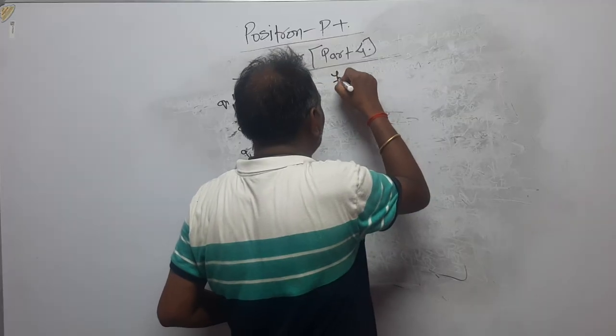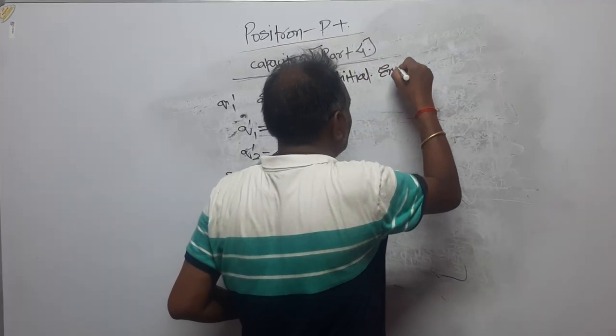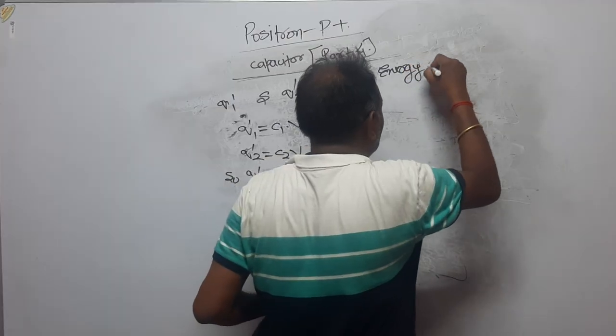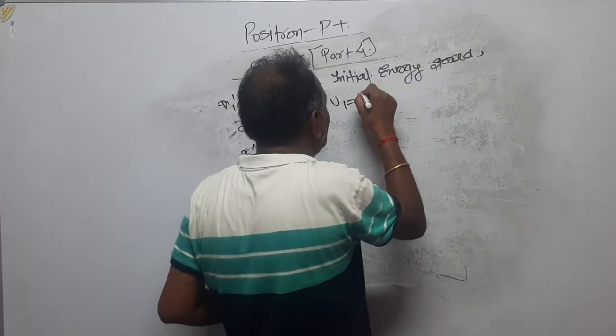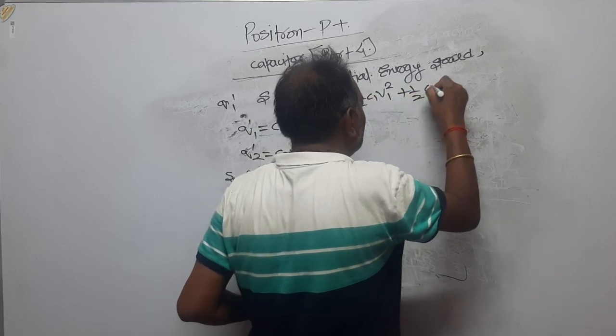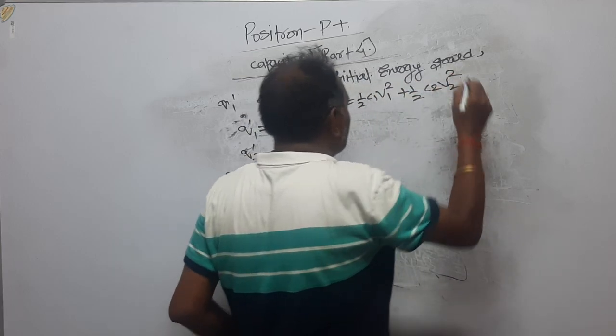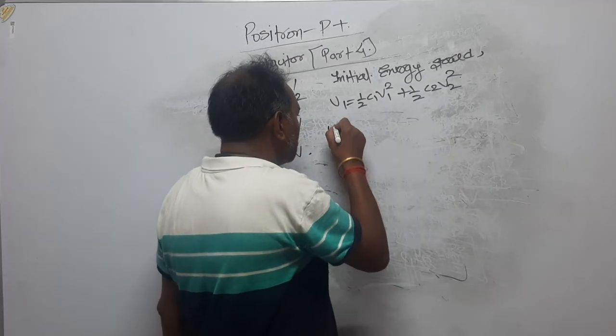Now, initial energy stored, U1 is equal to half C1 V1 square plus half C2 V2 square. This is the initial energy stored, right? Final energy stored, what is it?